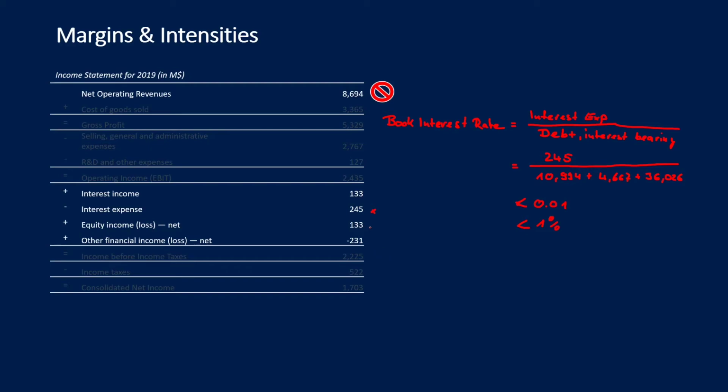Okay, now let's analyze the equity income that we see here, 133. And how can we call that? We can call that return on interest in companies.